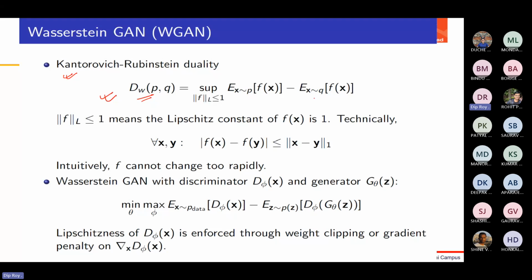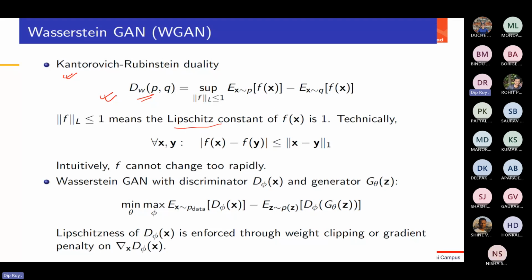The only constraint that we have to put in this KR duality is that we should use a Lipschitz constant. The Lipschitz constant should be less than one. And why should the Lipschitz constant be less than one? For those of you who know what a Lipschitz constant is, it is fine.